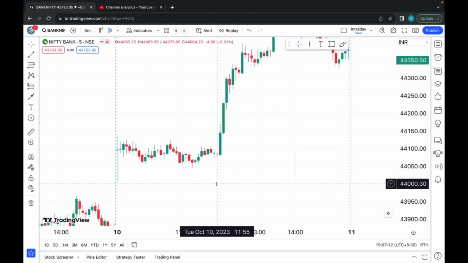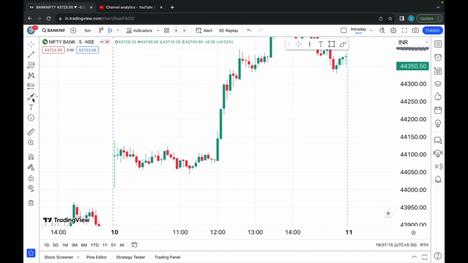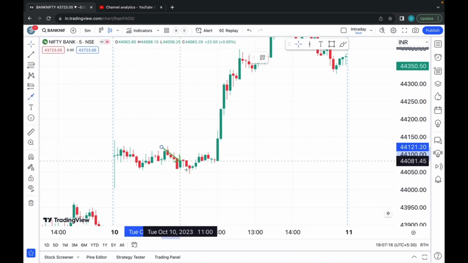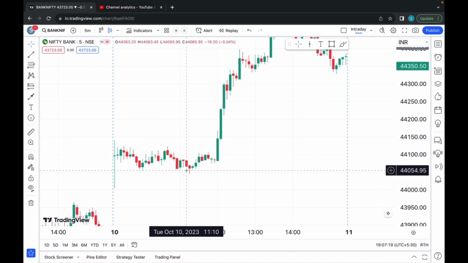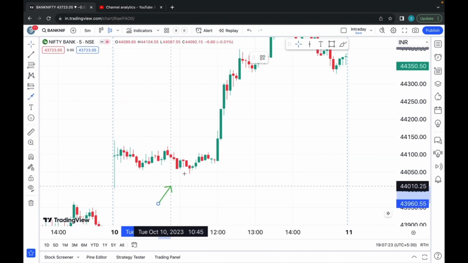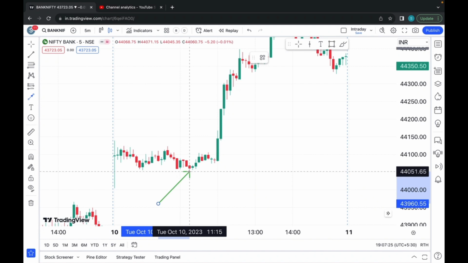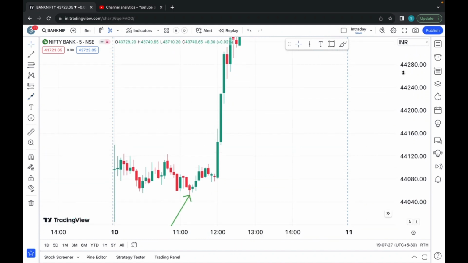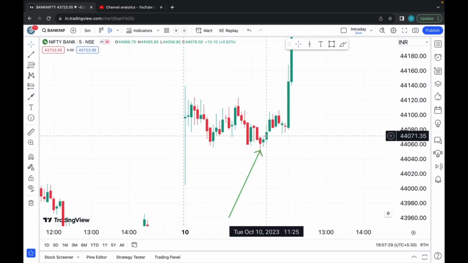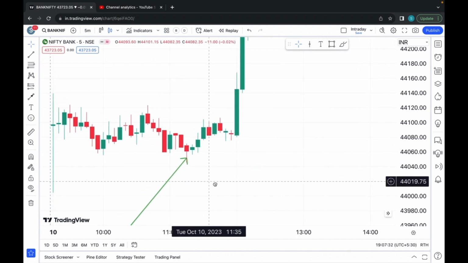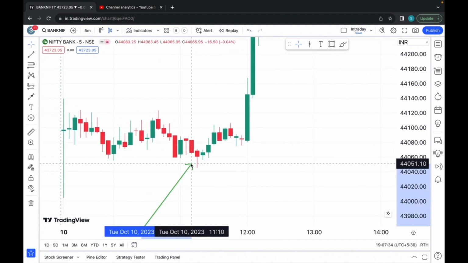Now here you see there is a downward movement, and this candle right here, the red candle, is a hammer. Let's zoom in a bit and see our body.